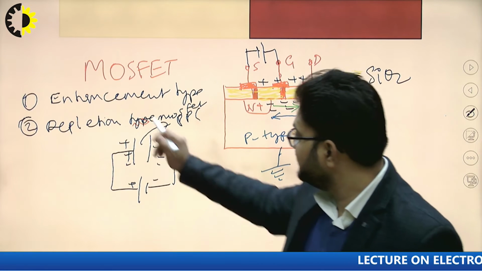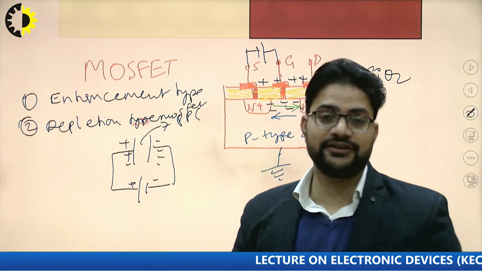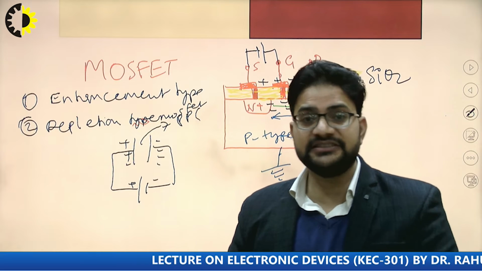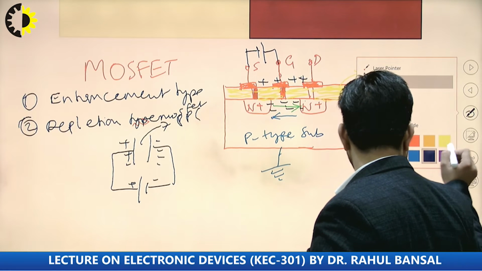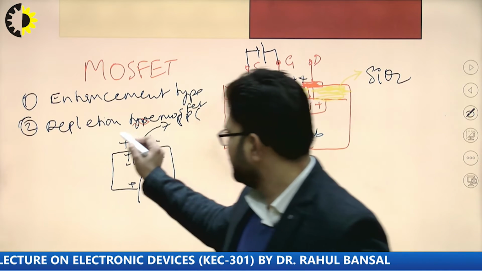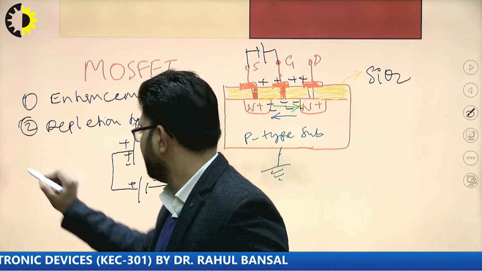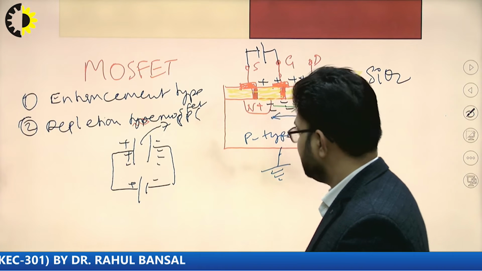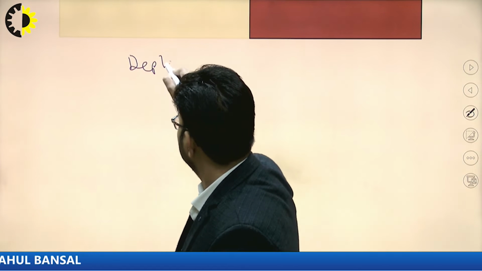This depletion type MOSFET can work in 2 different modes, that is, in the enhancement mode as well as in the depletion mode. I can just write here, it can work in 2 different modes. First is the enhancement mode. Let me change the slide. Depletion type.